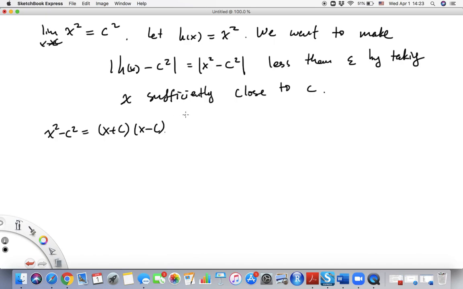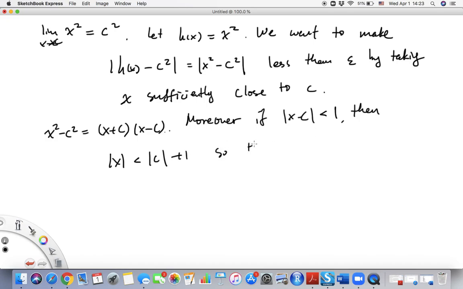All right, so moreover, if the absolute value of x minus c is less than 1, then the absolute value of x is less than the absolute value of c plus 1, okay?